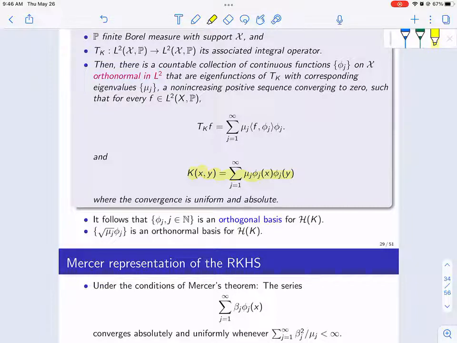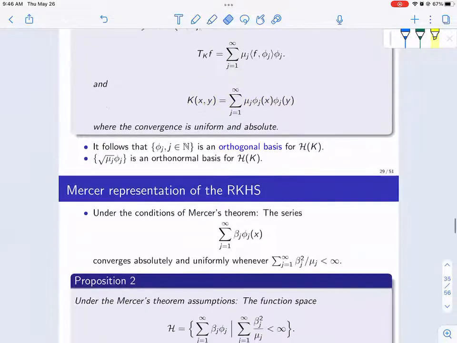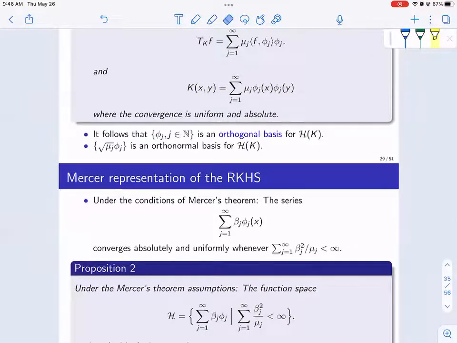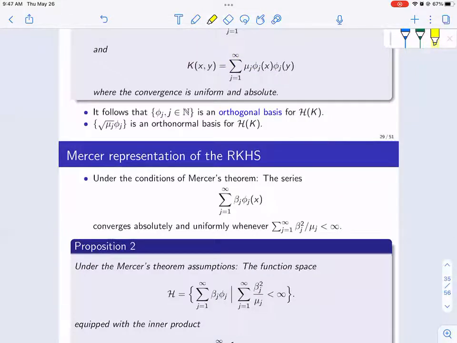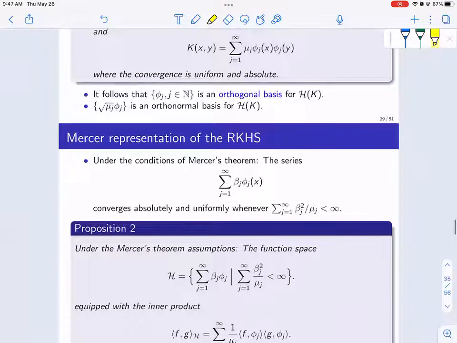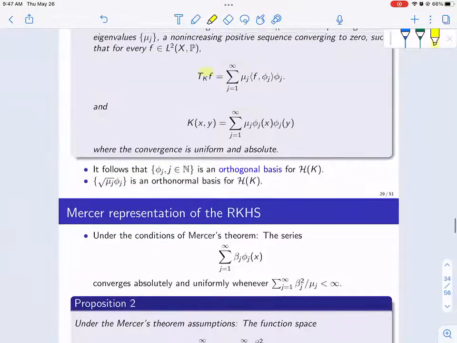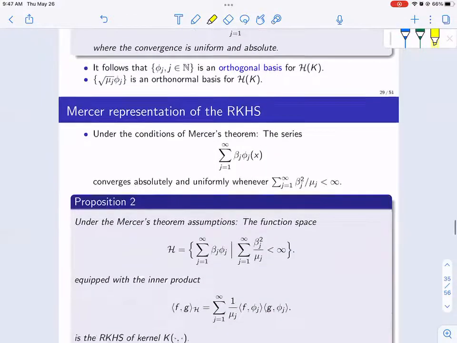The proof is not as straightforward, but if you're interested, you can dig up the proof. This part is fine. We argue this follows from the spectral theorem for self-adjoint operators. But the fact that the kernel can be written like that is more interesting. So remember, this is an integral operator. This is just a pointwise identity.